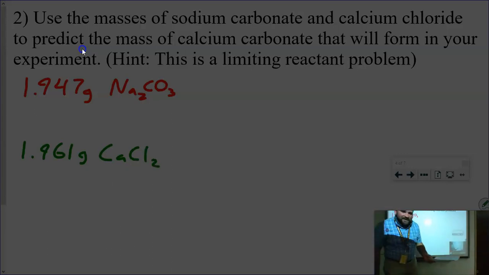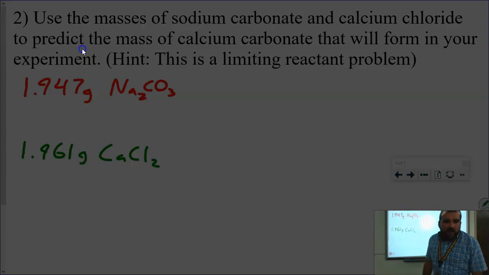These are your reactants. What I want to figure out is which one of these was limiting. In other words, which of these is going to run out first as a part of my chemical reaction. The way you solve this, and I'd like you to try without me, is solve for the total grams of product, which, remember from our balanced reaction in the previous slide, is calcium carbonate, okay?